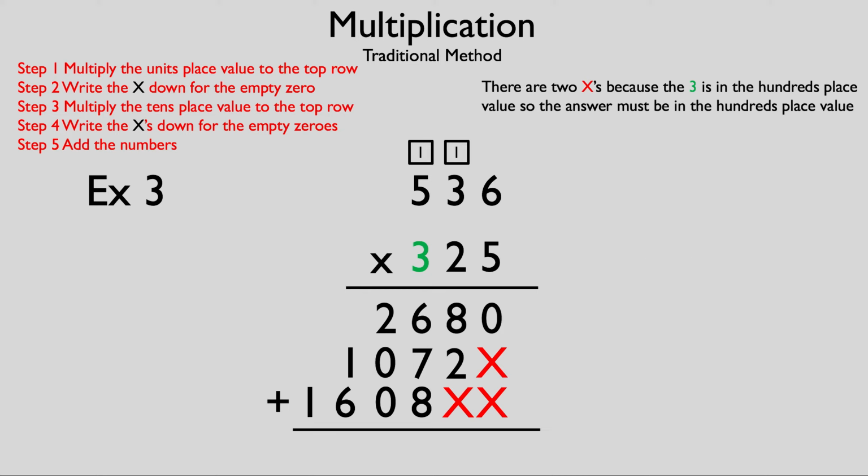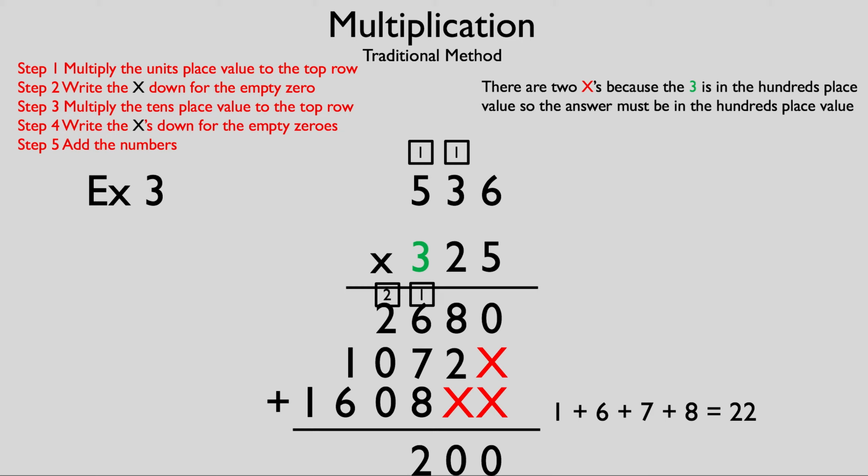Now we have to add all these numbers. Remember, X's are zeros, so 0 plus 0 plus 0 is equal to 0. Now we do 8 plus 2 plus 0. We don't have to put the 0 there because adding 0 is nothing. So we put the 0, carry the 1. Now we do 1 plus 6 plus 7 plus 8, which is 22.